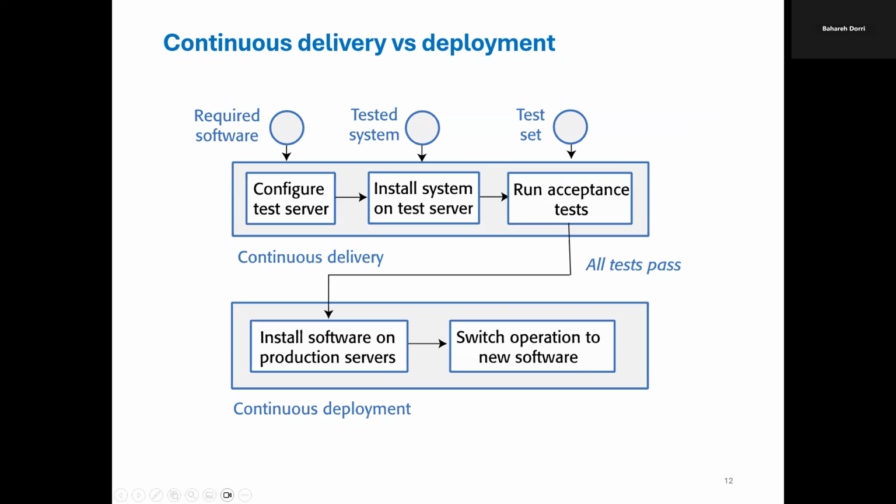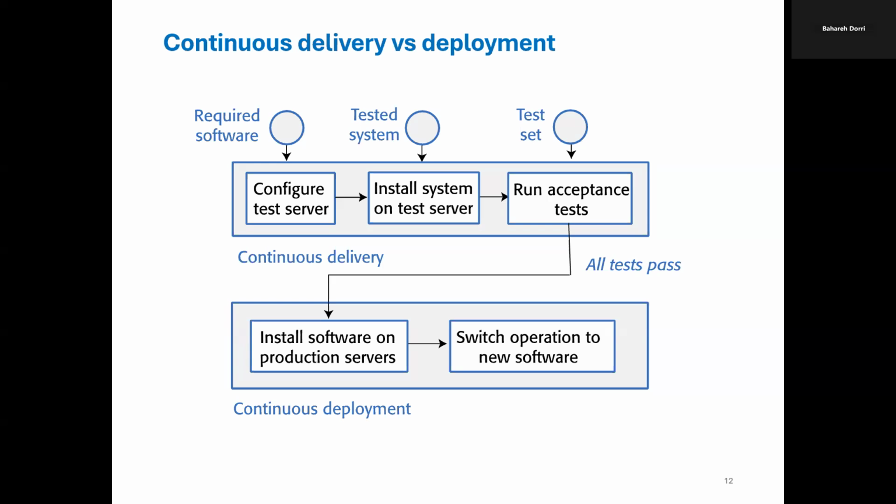This diagram nicely breaks down the two stages, continuous delivery and continuous deployment. So let's look at the top half first. This is continuous delivery. It starts by configuring a test server to simulate a real environment. Then we install the software on that server and run a suite of acceptance tests.